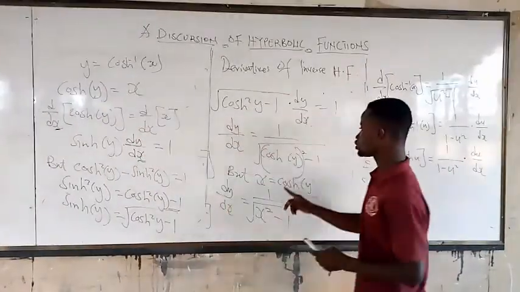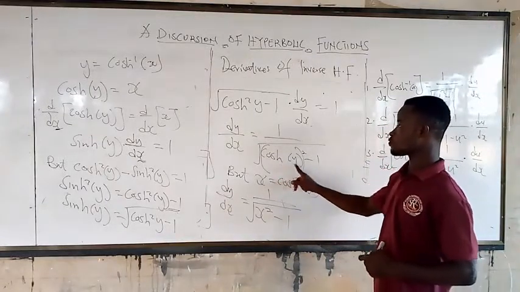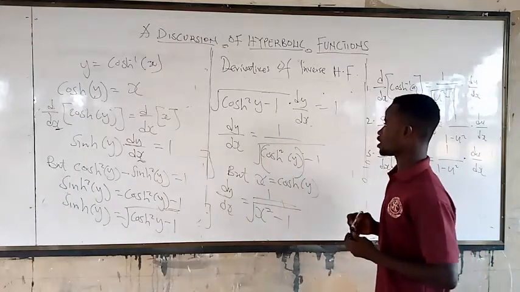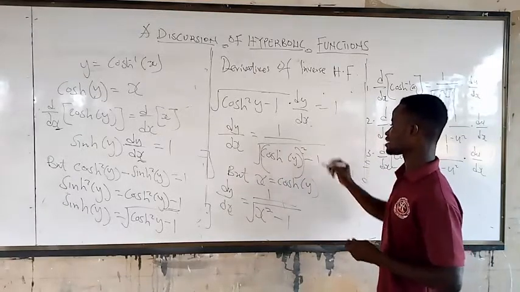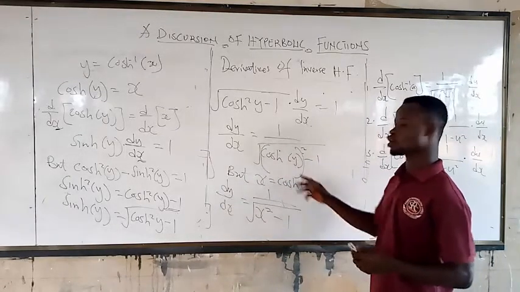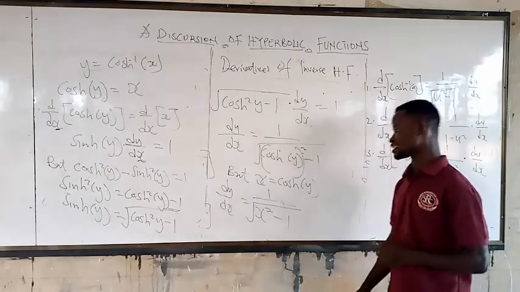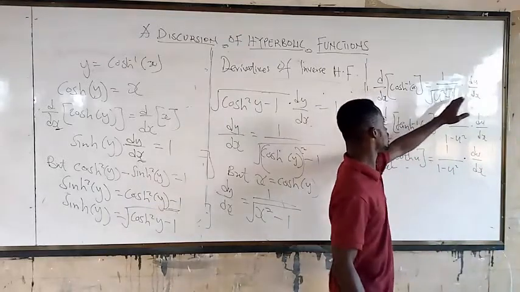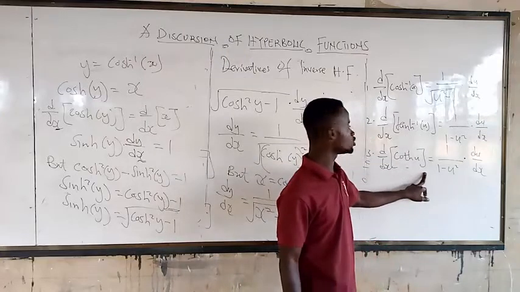So here we put cos of y, and here this is cos squared, but this cos squared is the same as that. So we put cos y to be equal to x. And we get our final answer. So this is the derivative of cos inverse, tan inverse, and cot inverse.